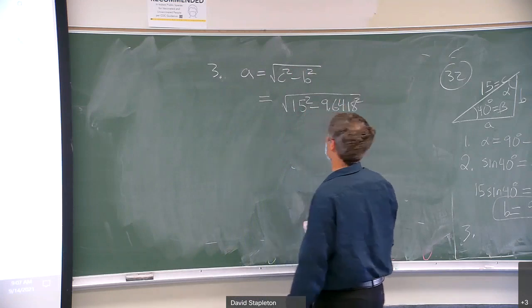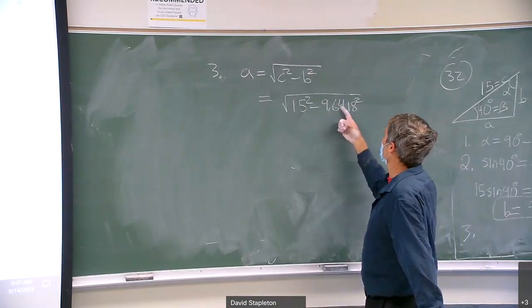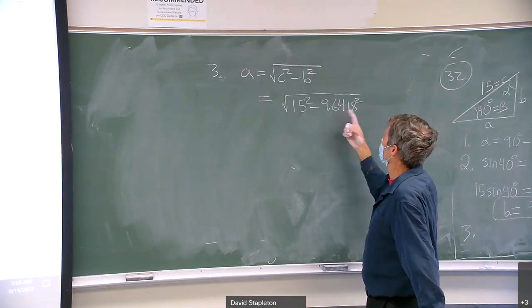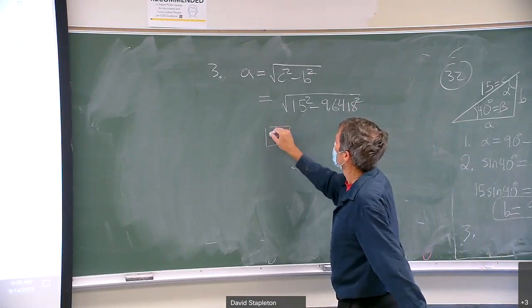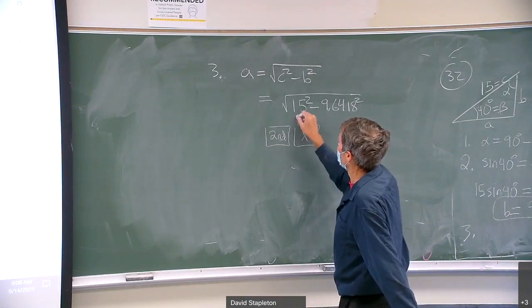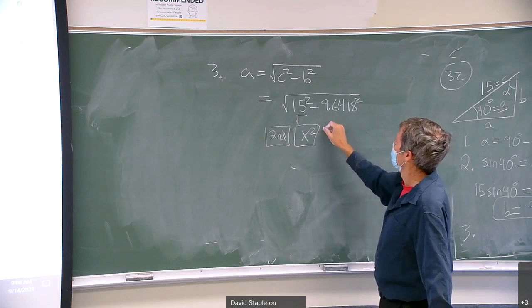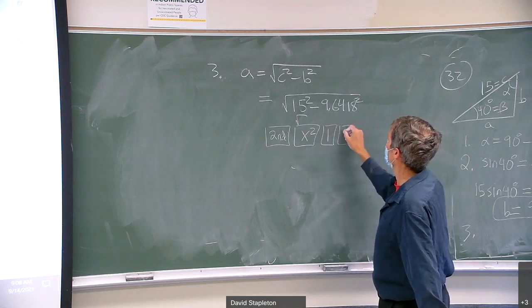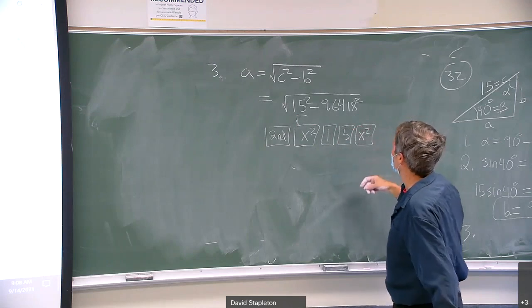And then I can take advantage of my calculator's abilities here to avoid maybe an error. I can actually carry this with all the digits. I don't have to worry about mistyping them because I can say second x squared invokes the square root function, right? Square root is the inverse of the square. And then 1, 5, x squared button if you have one. Otherwise, you put hat 2.